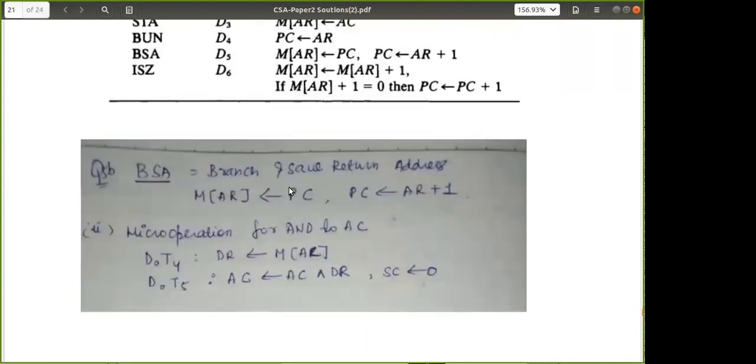For the BSA, first you have to put the value of PC in the memory address register and then increment the address register by 1. Similarly, for the accumulator, first move the memory part into the data register and then do the AND operation.